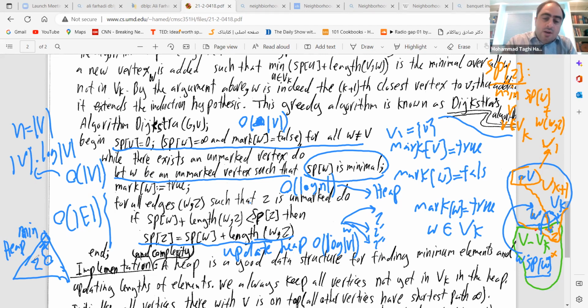So this update is very similar to insert. This one is essentially the delete min, and this update is essentially the equivalent of insert.